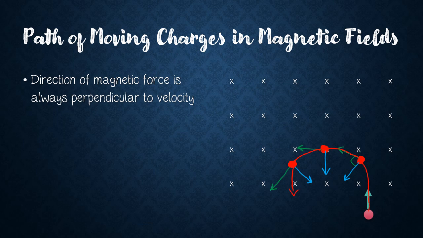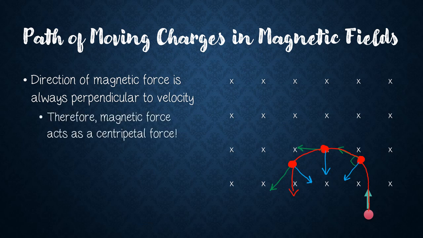And if I were describing the path of this particle, provided that I actually drew this perfectly correctly, you may describe this as something like a semicircle. And therefore, the magnetic force in this case is acting as a centripetal force. Notice that all of my blue vectors are pointing toward the center of that circle.